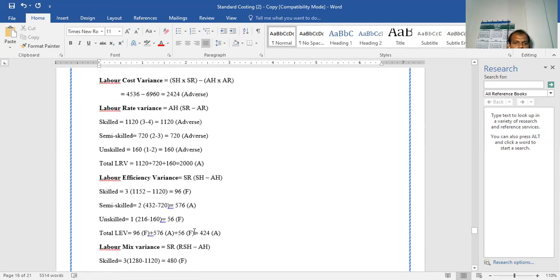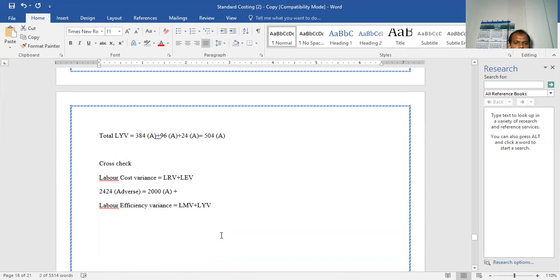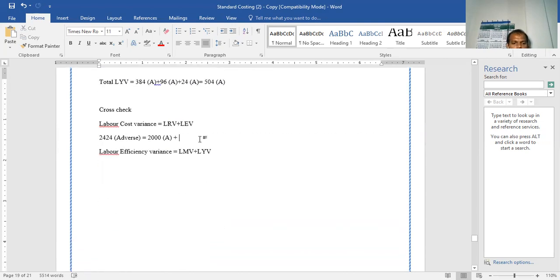Labor efficiency 424 adverse, so we calculated correctly.